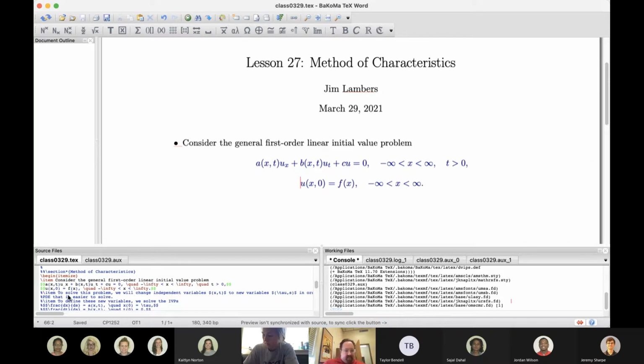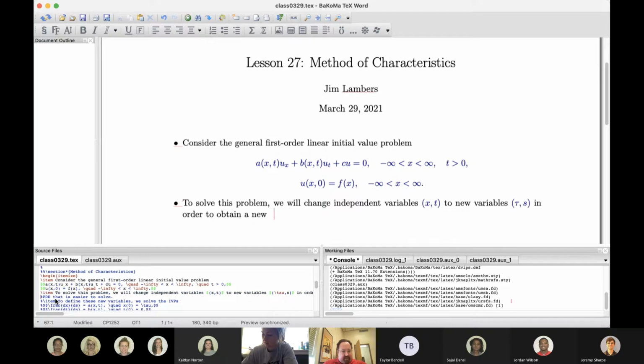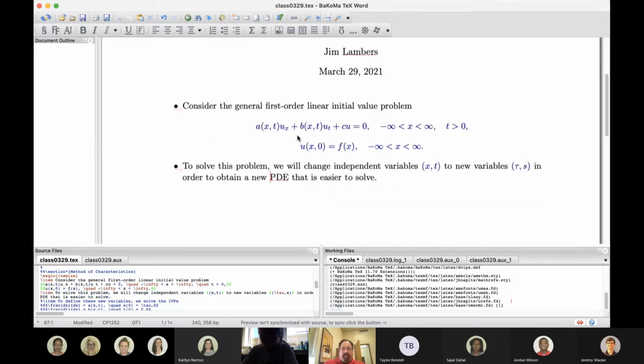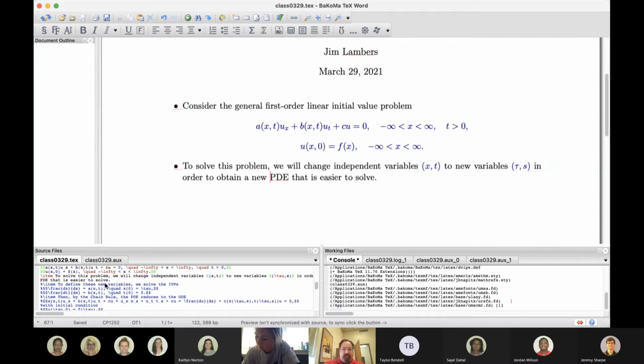So by changing variables x and t to new variables, if we select the new variables tau and s in terms of x and t properly, we can basically reduce this PDE to an ODE in a sense.